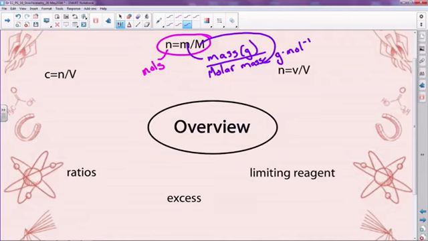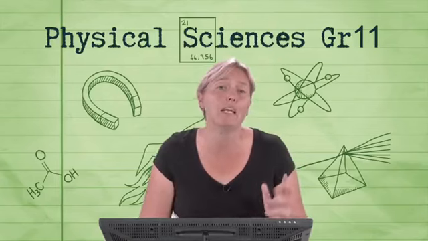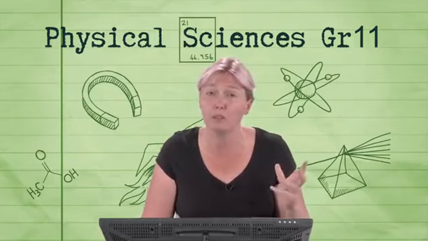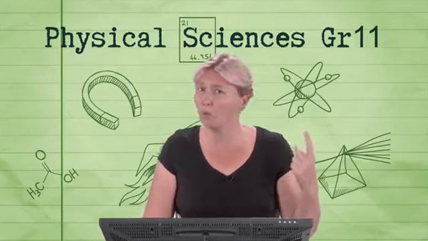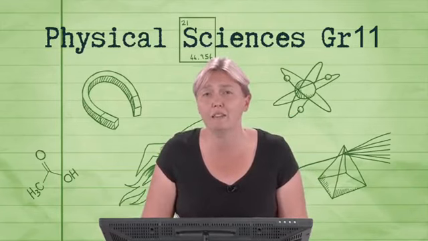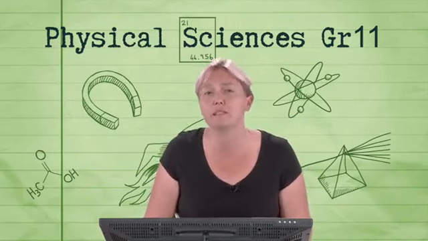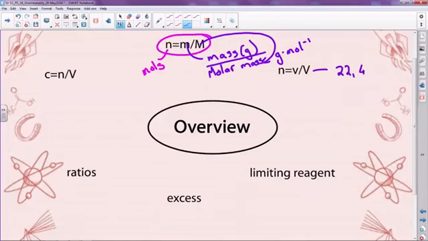We know the molar gas volume, in other words the volume that a gas occupies when there's 1 mole of gas at standard temperature and pressure, is set, and that number is 22.4 cubic decimeters.